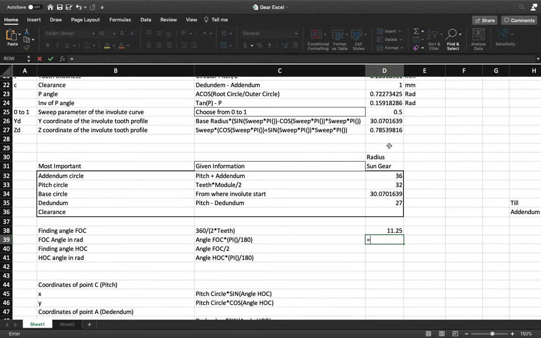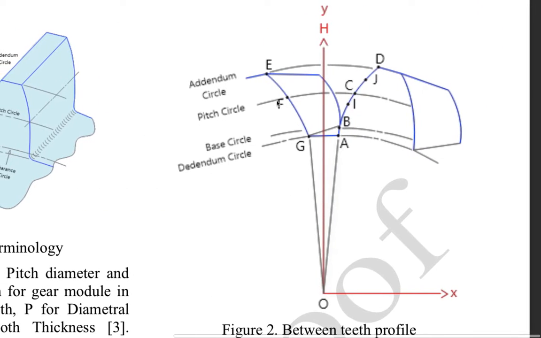Okay, this angle, I want to make it in radians, so pi divided by 180. Good. And since the FOC is this, I want to divide it by 2 to get the HOC.